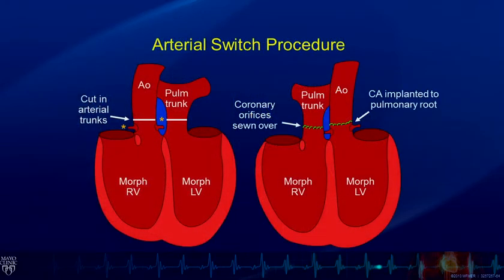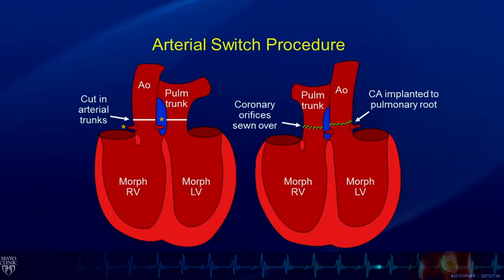And finally, we mentioned that the arterial switch procedure has been performed since 1975. And so we are seeing adults with congenital heart disease who have had this procedure performed. In this operation, the two great vessels are transected and then interposed, and indeed the coronary arteries need to be repositioned.